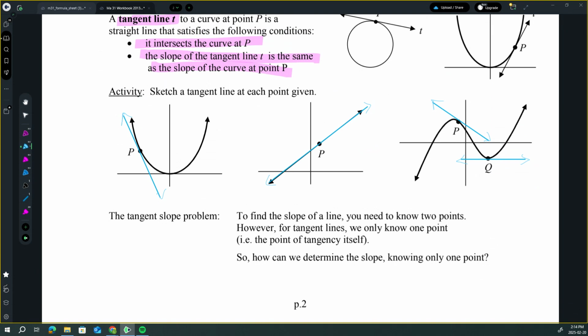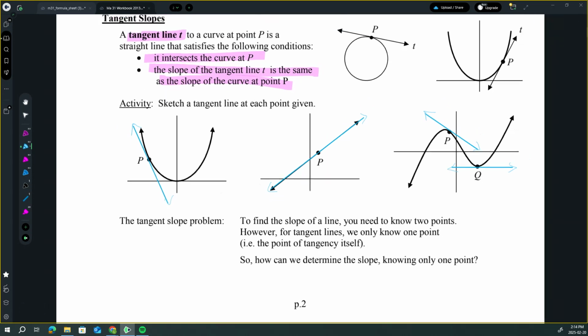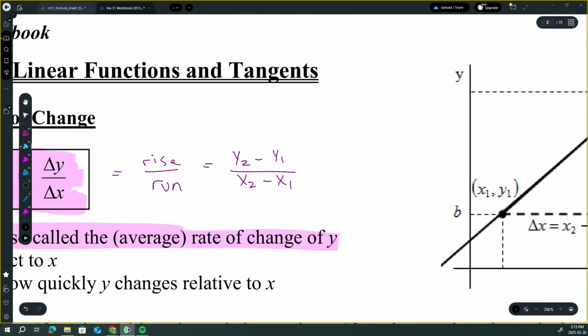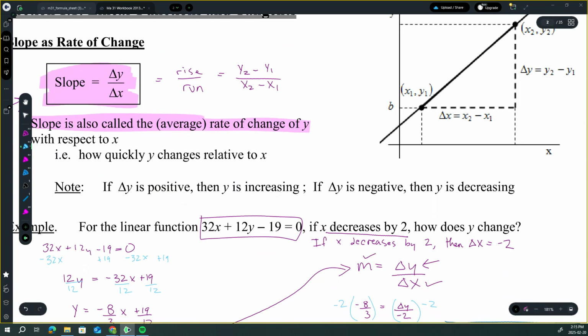So what we're going to be getting into are tangent slope problems, okay? From our previous slope equation, you need two points, a point 1 and a point 2. That's where y2 and y1 and x2 and x1 come from.